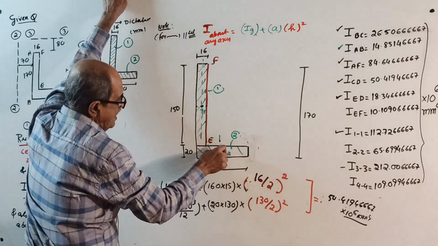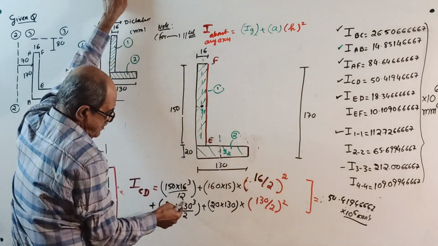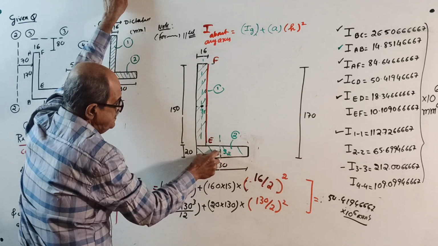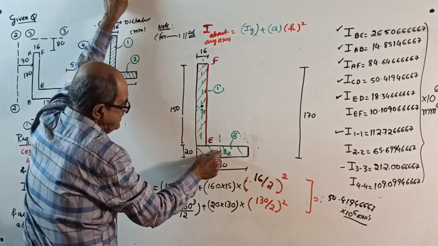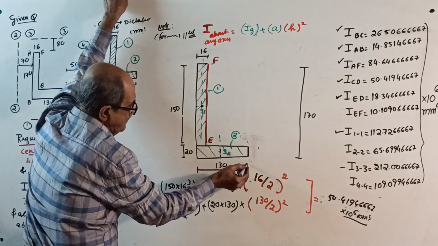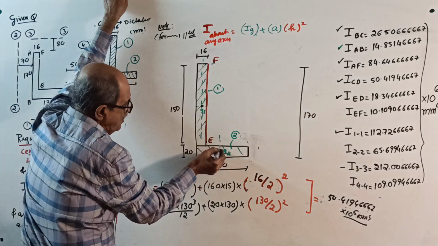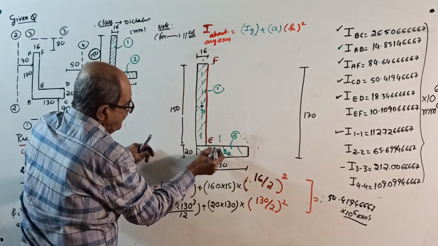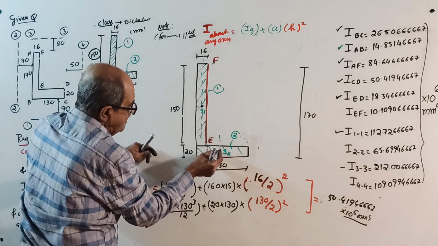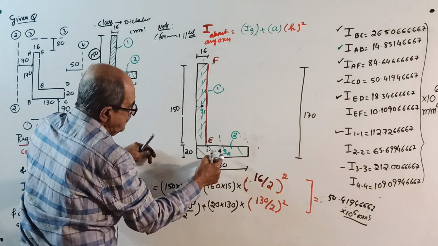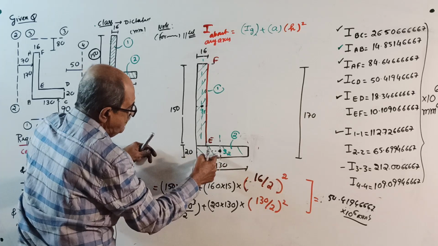And for this one, I about its own axis, same here. Area into this distance square. That distance square is here. This is 130. Be careful. This is 130. We want from here to here. This is 130 means this is 130 by 2.